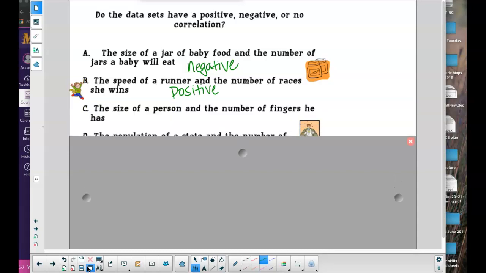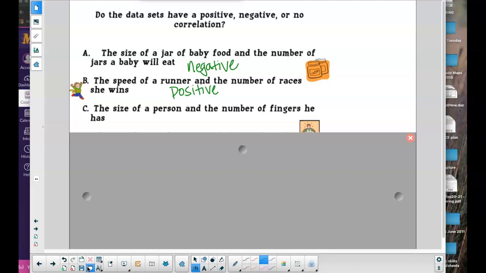The size of a person and the number of fingers he has. So when I start as a baby and I start growing, I'm getting bigger and bigger. What happens to the number of fingers I have? They stay the same, right? I'm glad that as I get bigger, my number of fingers doesn't keep growing. That would be weird.